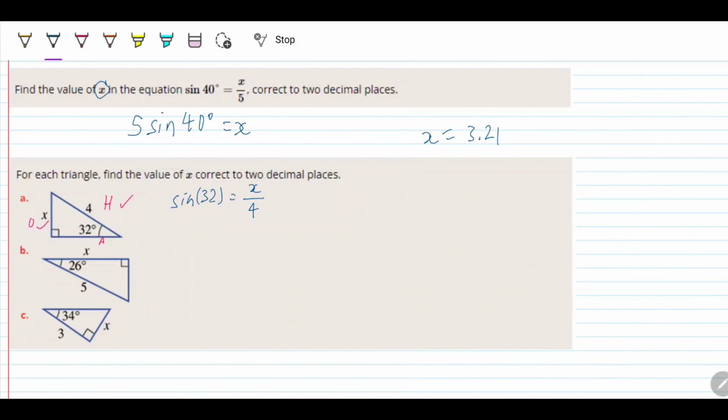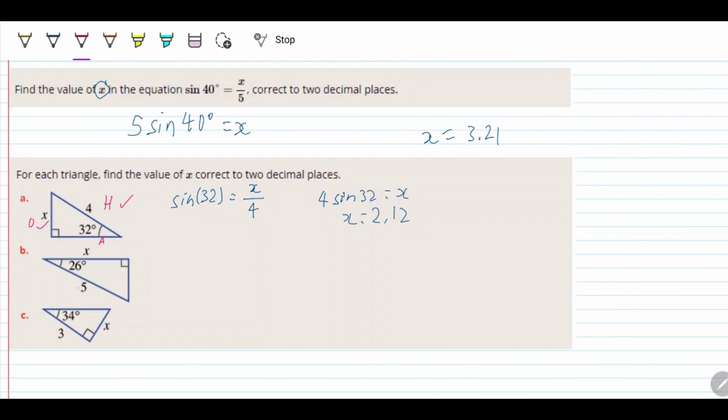Remember, it's opposite over hypotenuse. Multiply the 4 to the other side, so we get 4 sine 32 equals x. If you put that into your calculator, you should get a value of x equals 2.12.